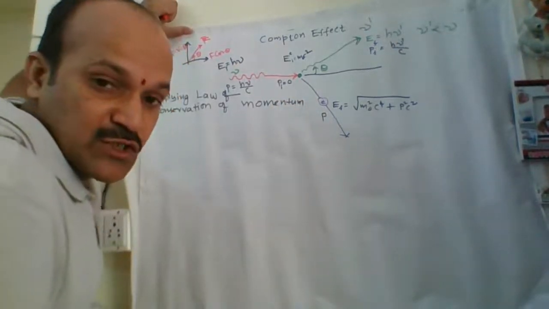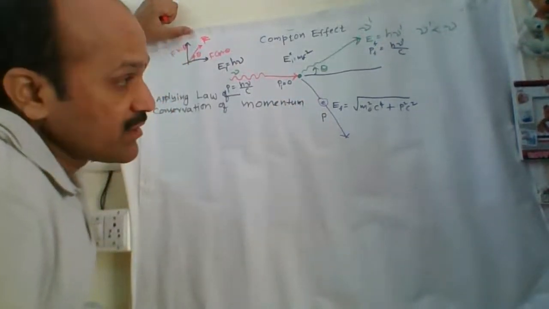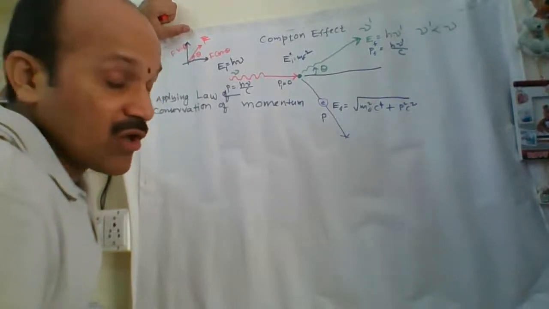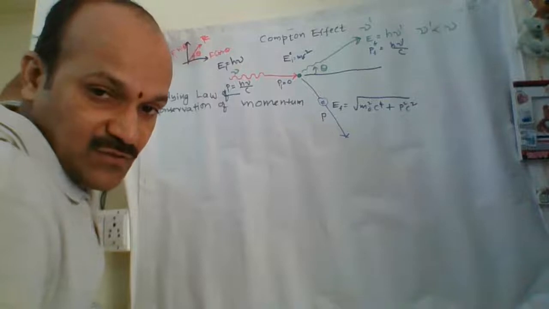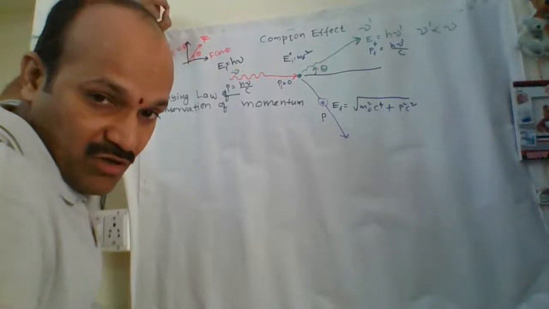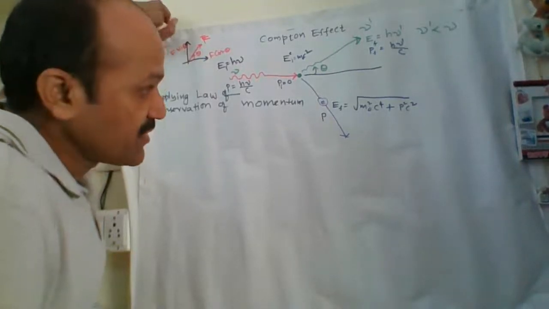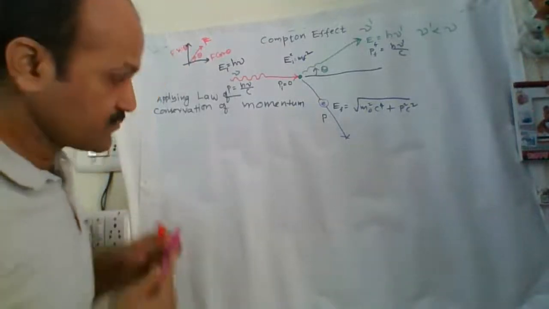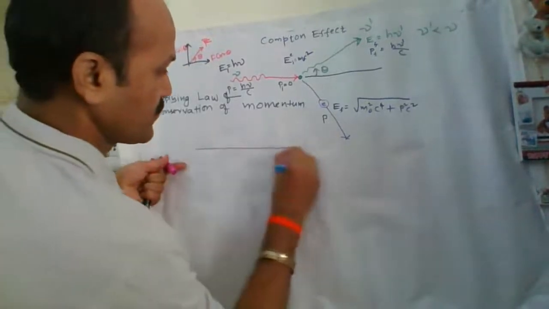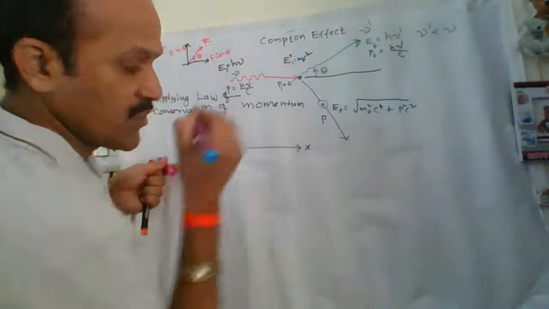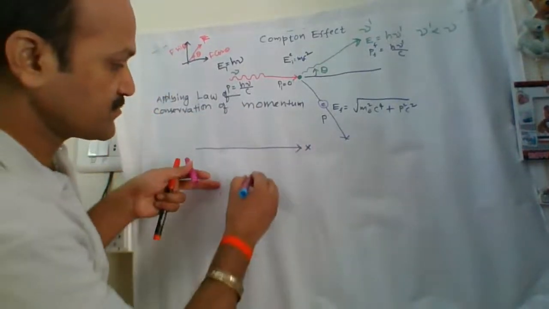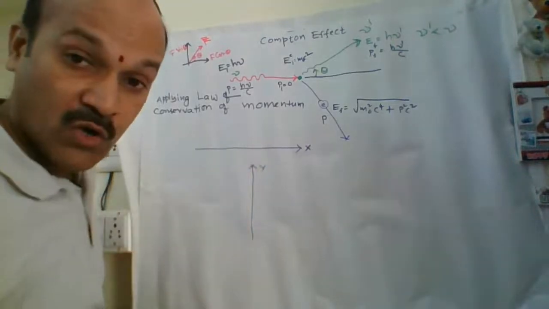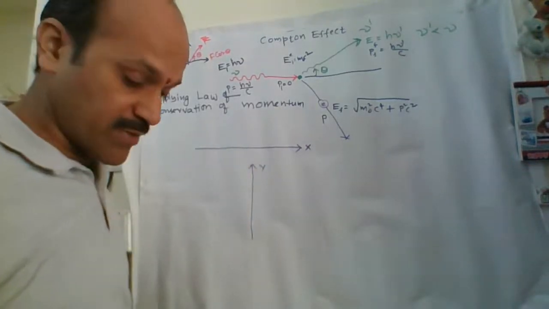Applying the law of conservation of momentum before and after collision, along the x and y axes, because momentum is a vector, right? Components will be there.